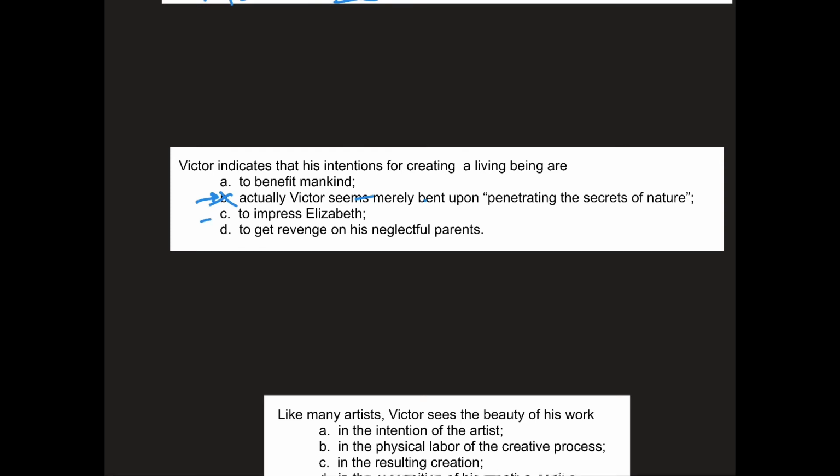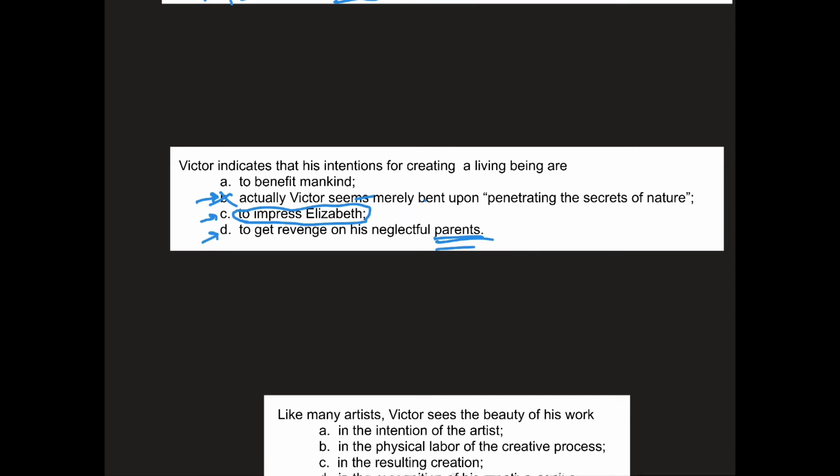And I could certainly eliminate C because nowhere in his creations does he even really mention wanting to make a good impression on Elizabeth, his more than sister. And for that same reason, I can eliminate D. While he may have strong feelings about his father, he certainly seems to love and adore his mother, who can do no wrong.